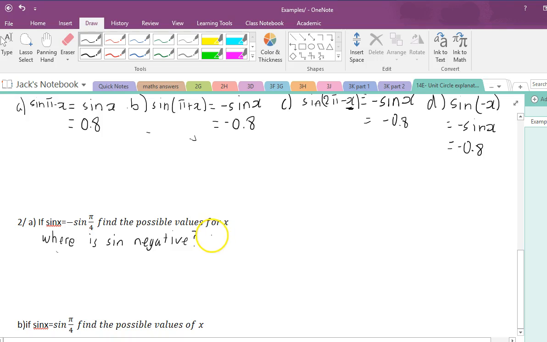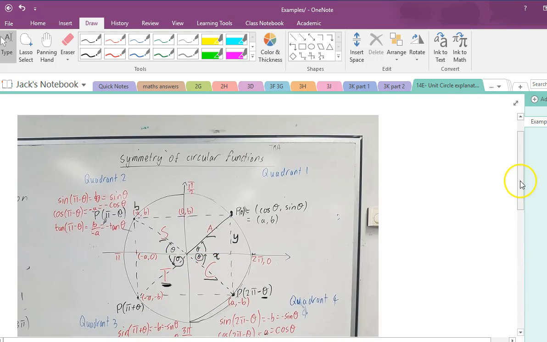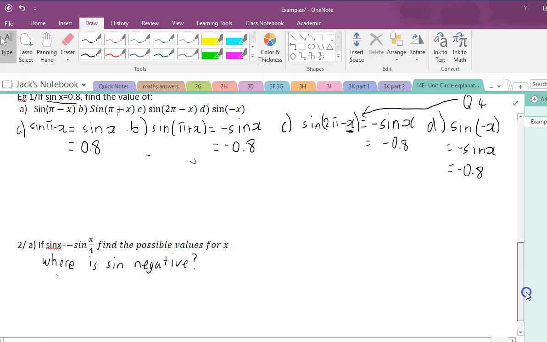Well, we know it's not negative in quadrant 1 because everything's positive. Quadrant 2, everything's also positive. But quadrants 3 and 4 is where sine is negative. Okay? So quadrant 3, quadrant 4.